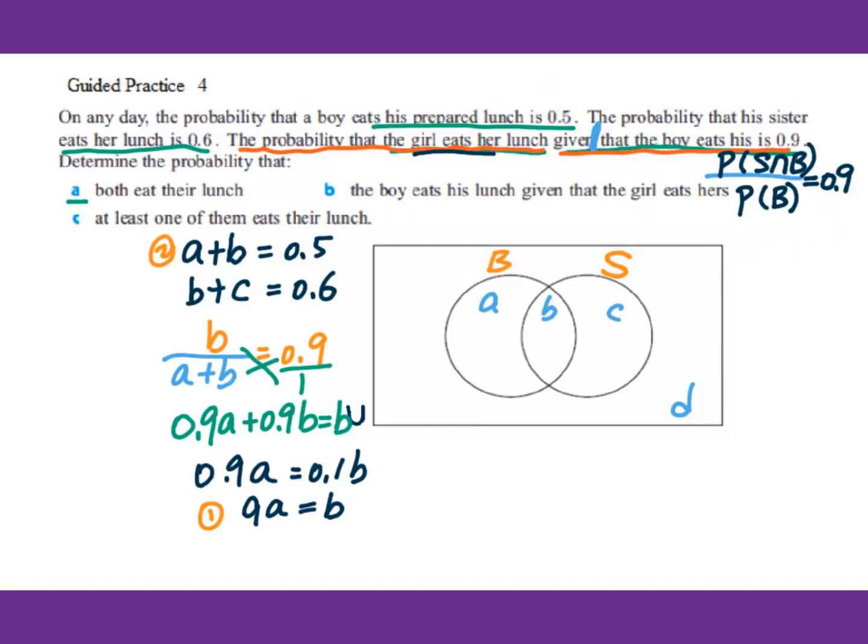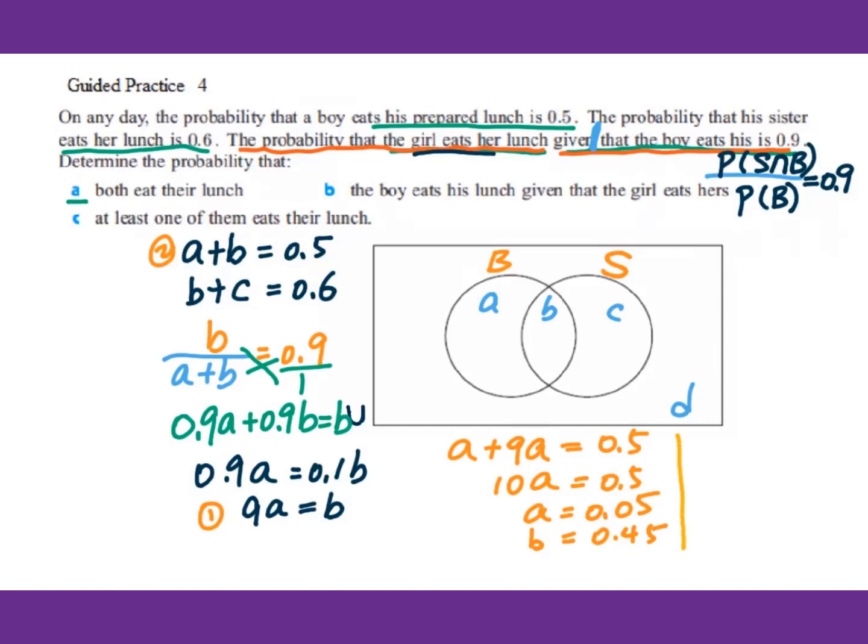We can figure out A and B. You will get A plus 9A, we do the substitution, equals 0.5. So 10A equals 0.5. A equals 0.05. So for B, that will be 0.45.